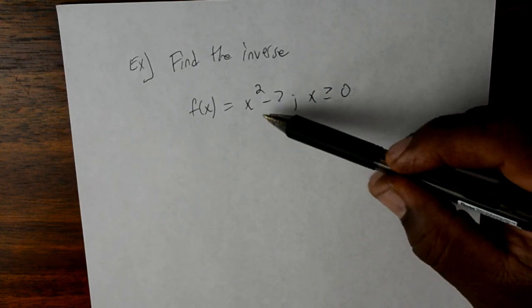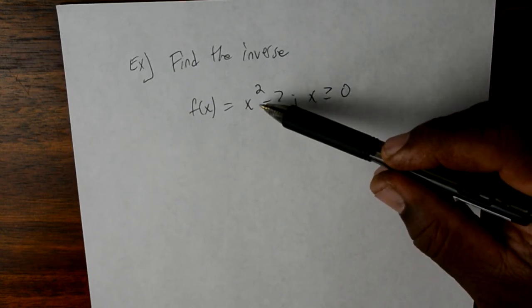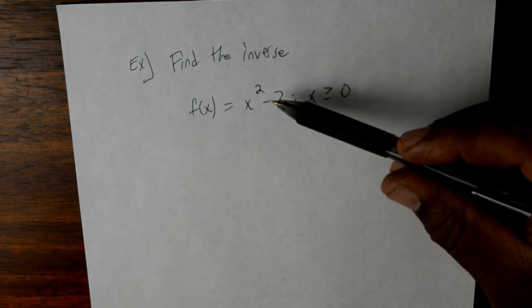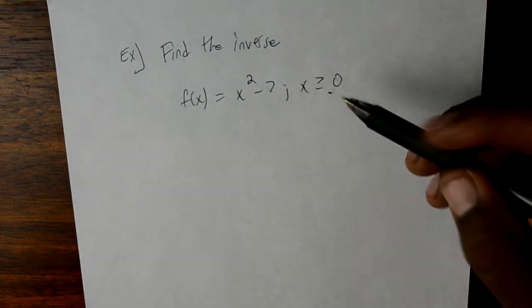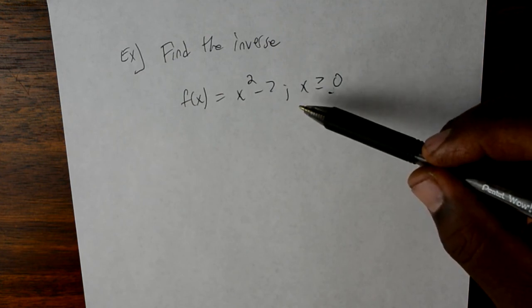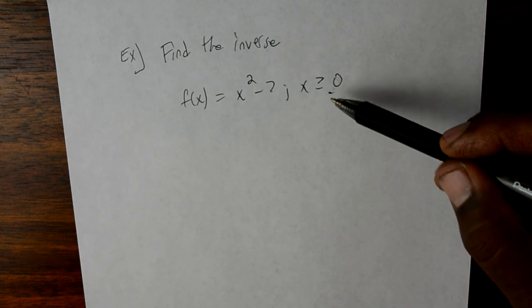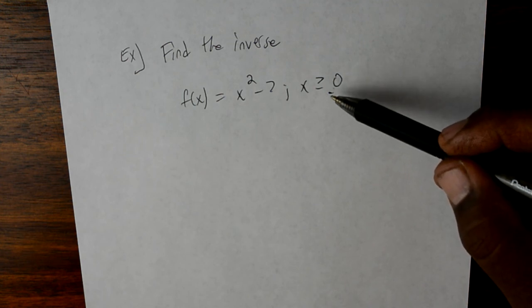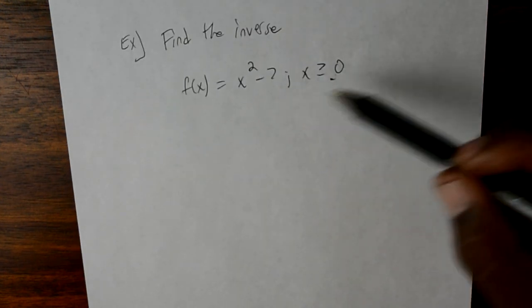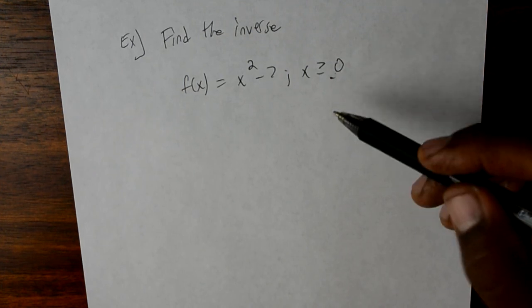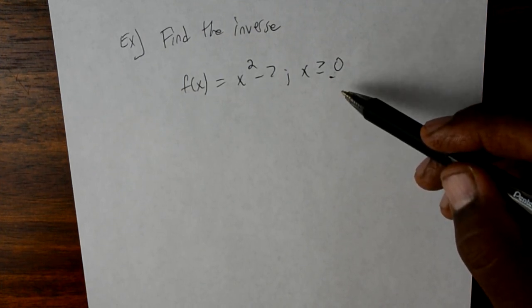So notice earlier we said that every quadratic equation is not an invertible function. However, in this particular equation, we've restricted the domain to all values x that are greater than or equal to 0. So this equation with this restriction on the domain would pass a horizontal line test.